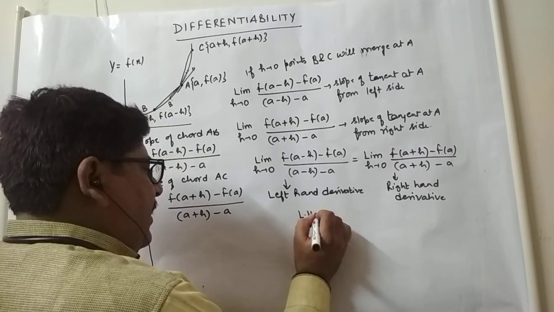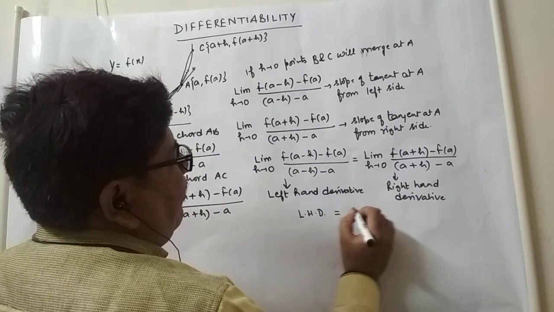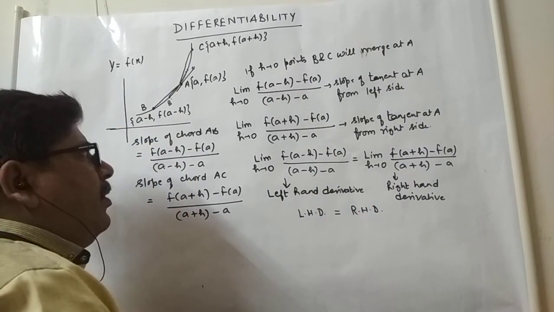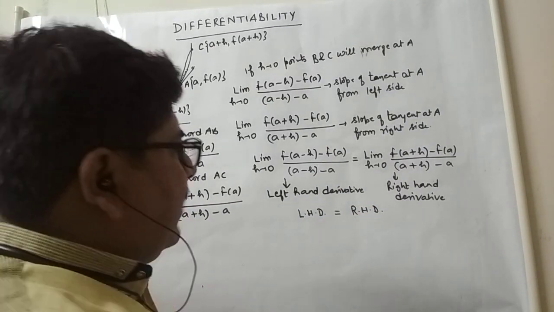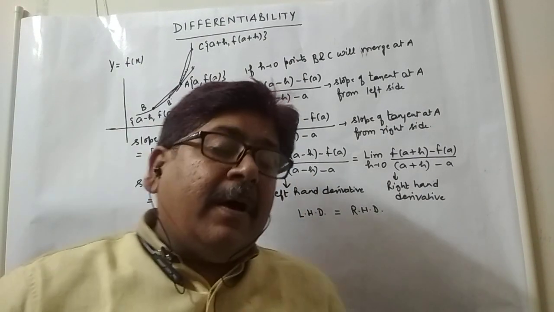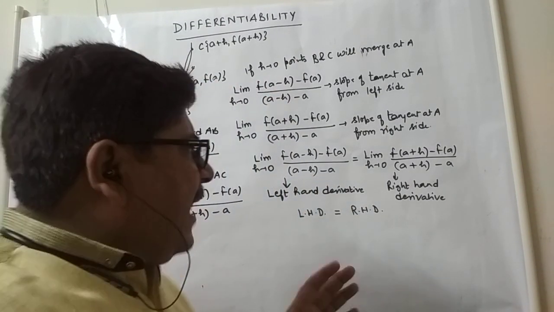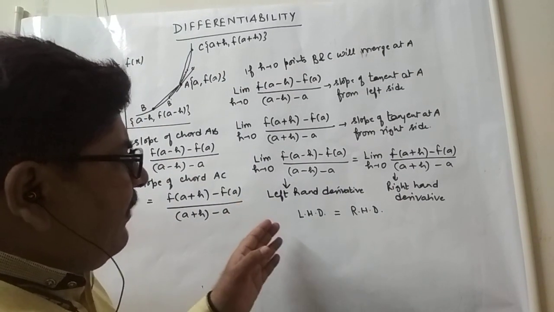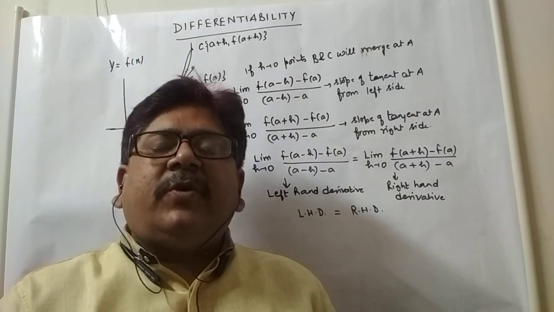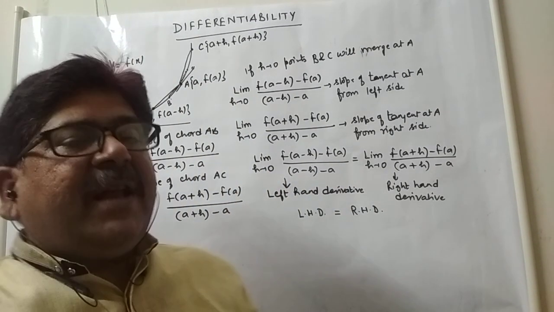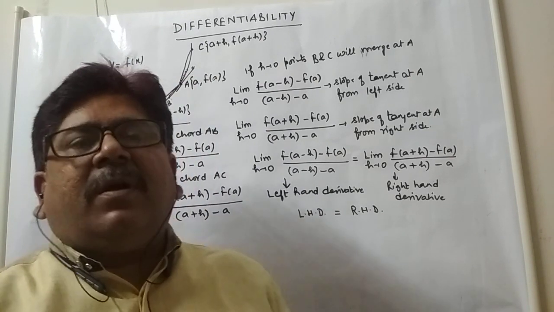So we say that if any function is differentiable at any particular point, then at that point the left hand derivative and right hand derivative should be equal. For that, we also define a condition that first of all, left hand derivative and right hand derivative should exist finitely, because if they are finite, then only we can check whether they are equal or not.